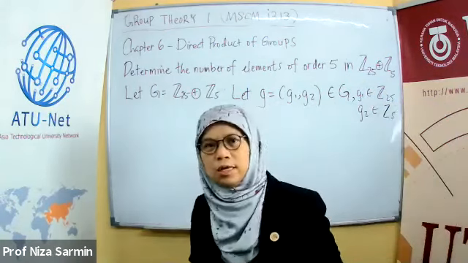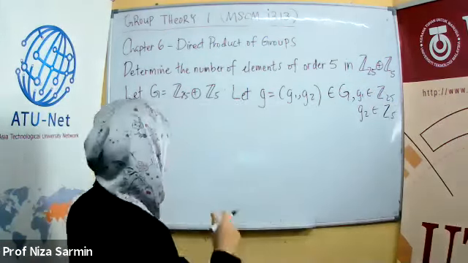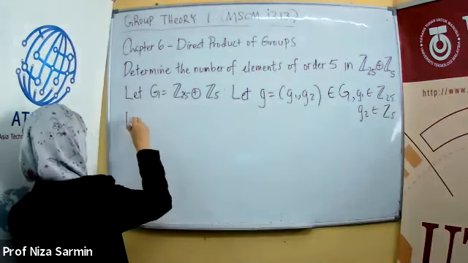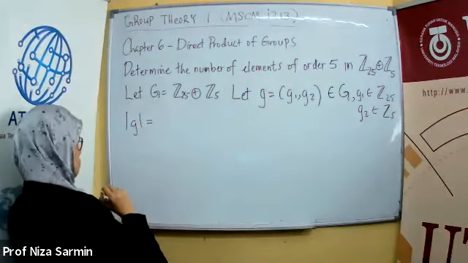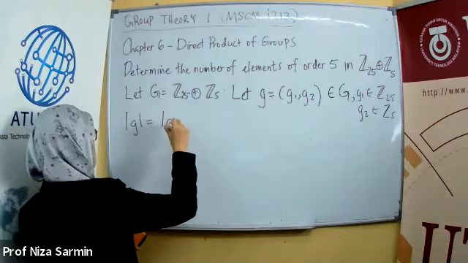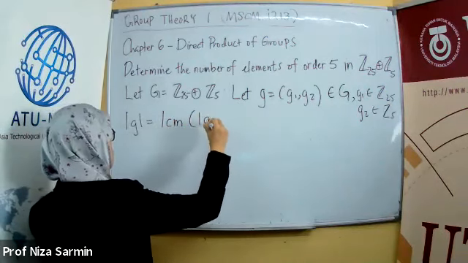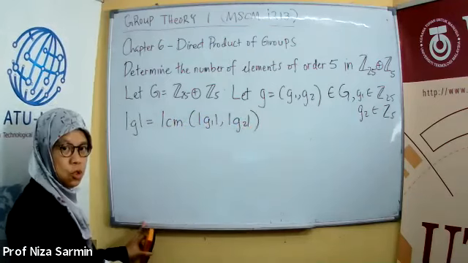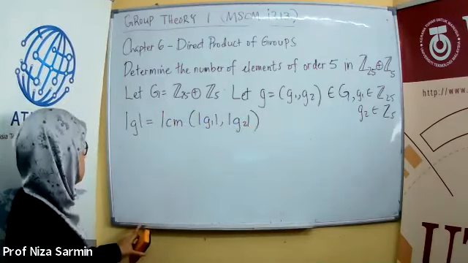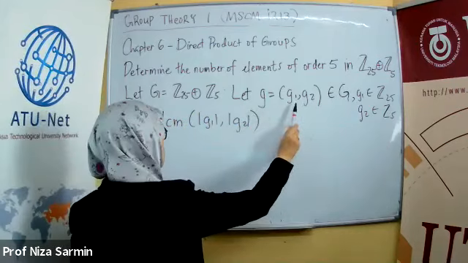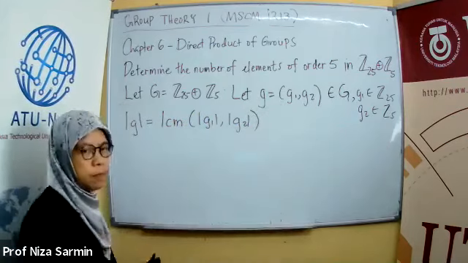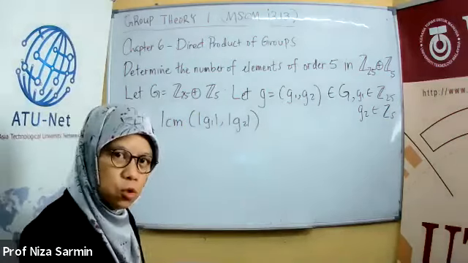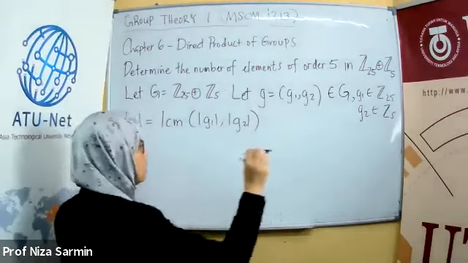So what is the order of g? The order of g is the LCM of the order of g1 and the order of g2.